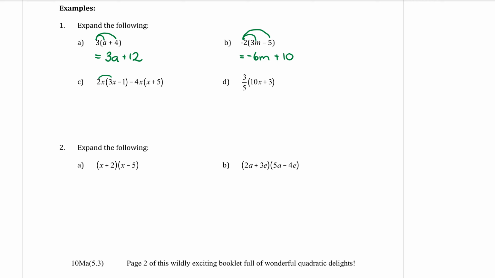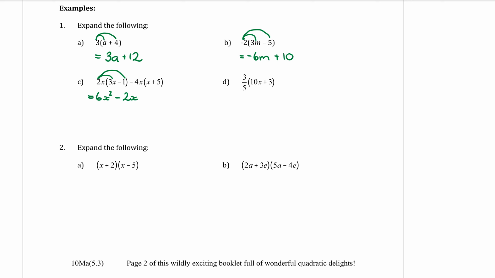2x times 3x, 2 times 3 is 6. X times x becomes x squared. Second term, 2x times minus 1 will be minus 2, and we also have an x. Now we move on to the second bracket and we want to expand the minus 4x into that bracket.